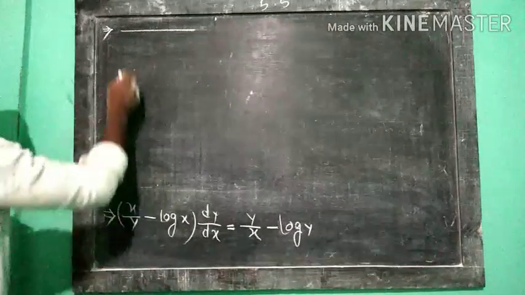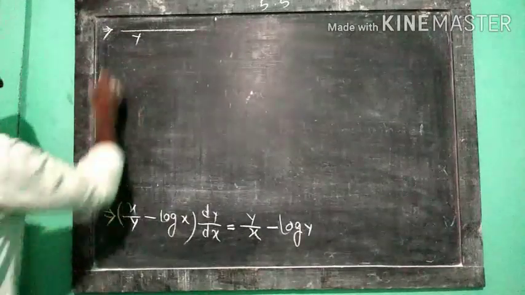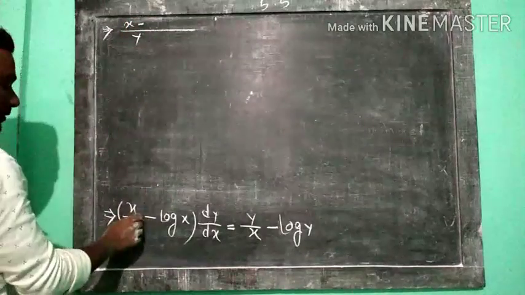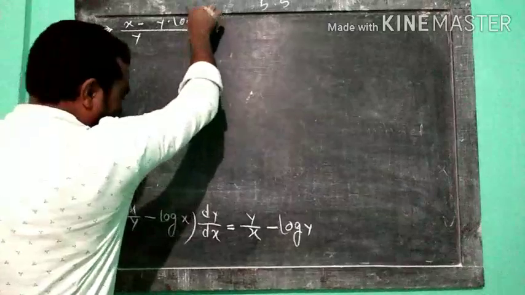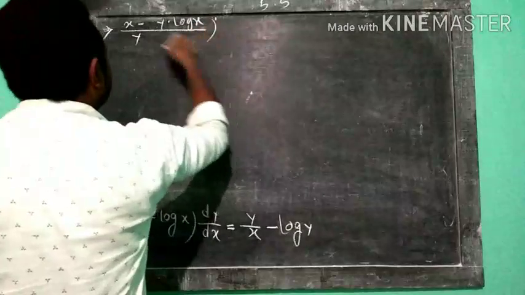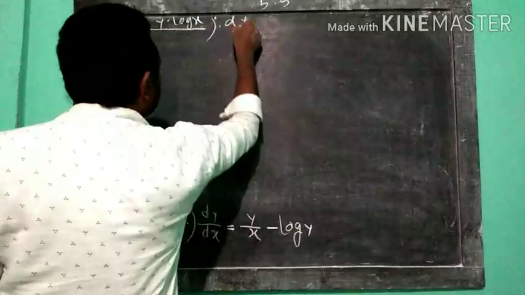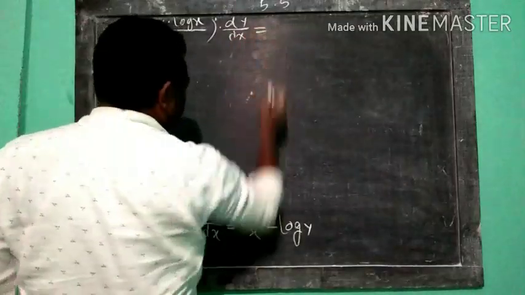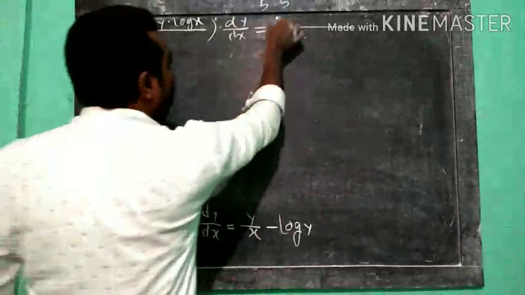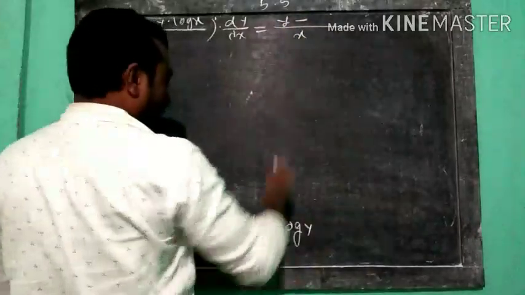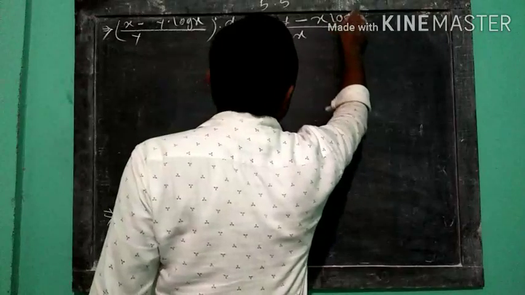Taking y as the LCM, (x minus y log x) by y whole into dy/dx is equal to, taking x as the LCM, (y minus x log y) by x.